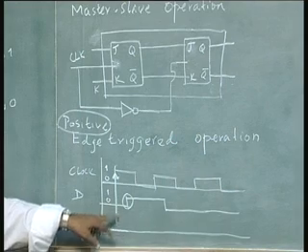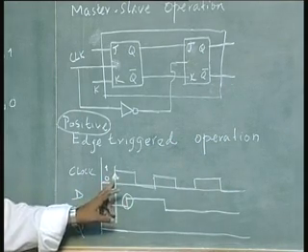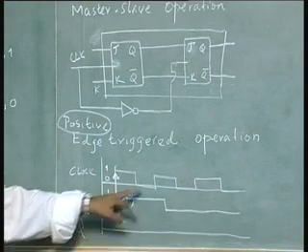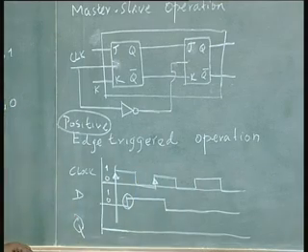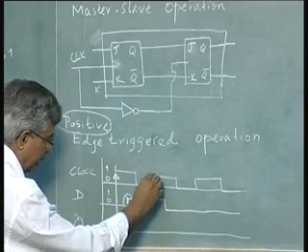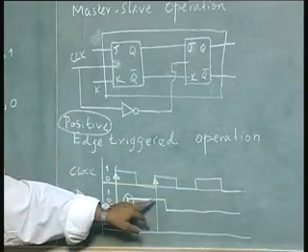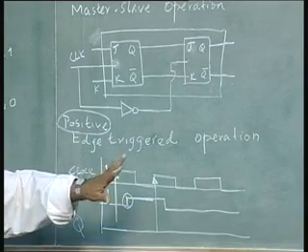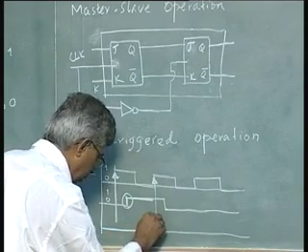No, it will not, because it is not occurring at the positive edge. The positive edge has already passed before D became 1. This change has to wait for the next positive edge. Until this second positive edge, this input in D will not be recognized. At this point in time, again the flip flop input will be looked at, which is D is equal to 1, and when D is equal to 1, the output will be Q is equal to 1 for a D flip flop. So this will become 1.